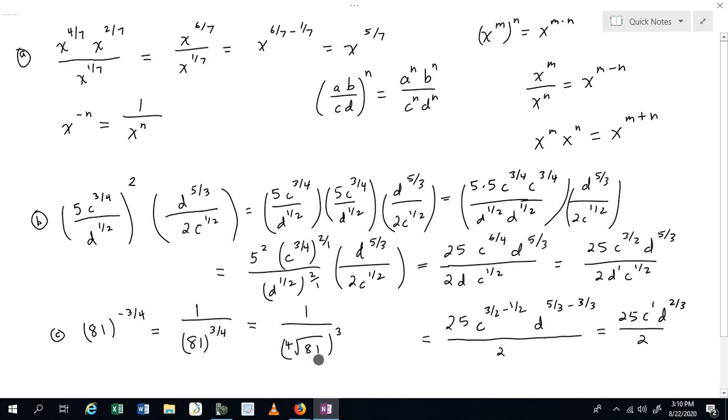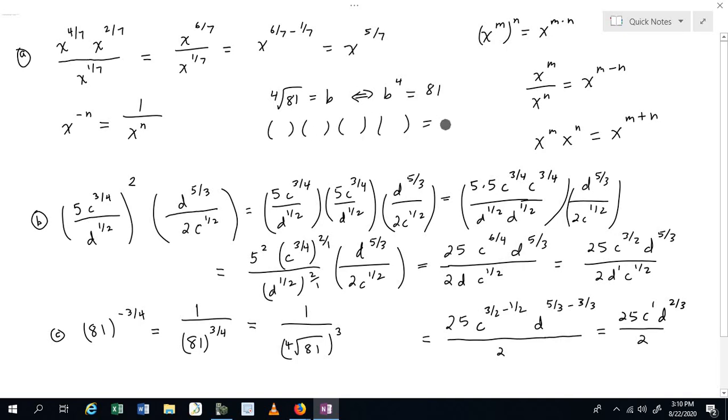Okay, so then the 4th root of 81, that means we're looking for some number that we multiply by itself 4 times and we get 81. And so the number that would work is 3. If you multiply 3 by itself 4 times, you'll get 81. And so therefore, the 4th root of 81 is 3.